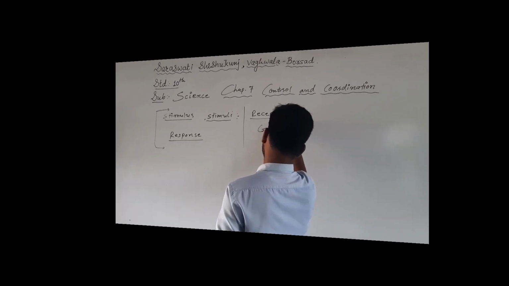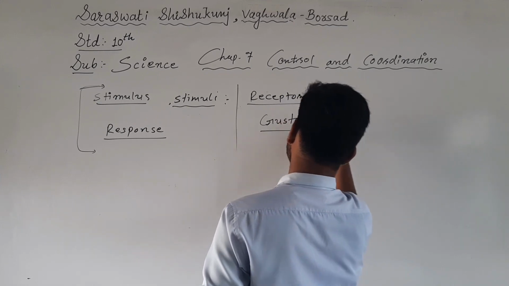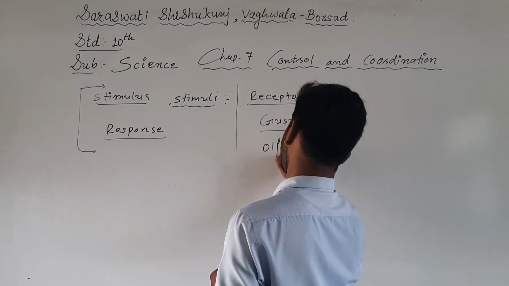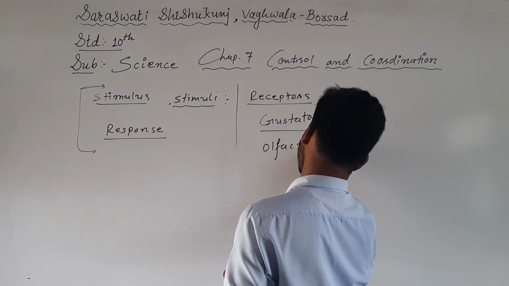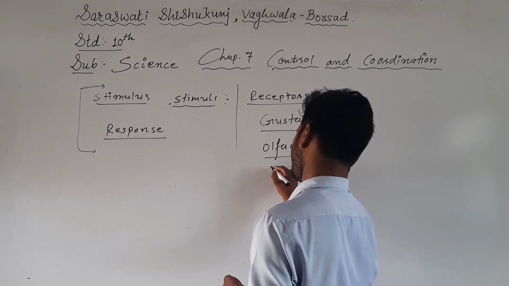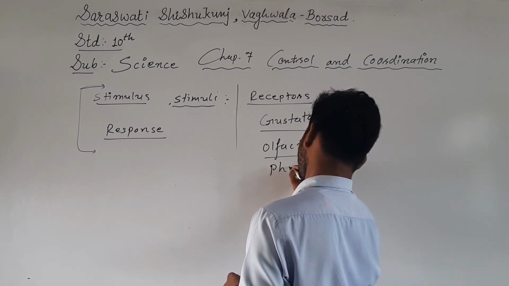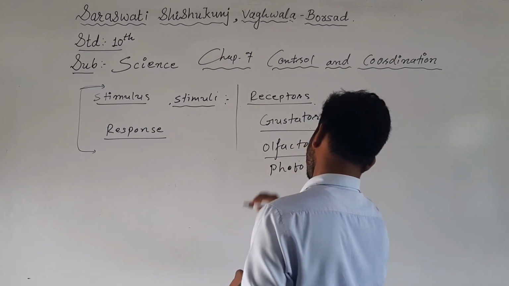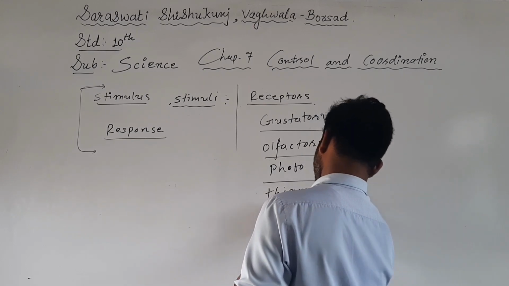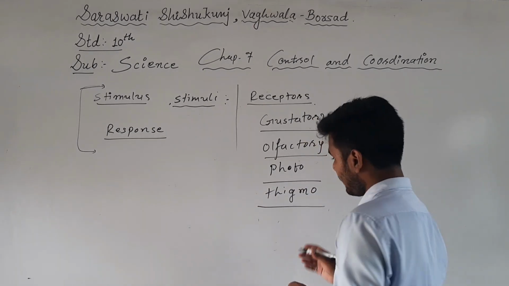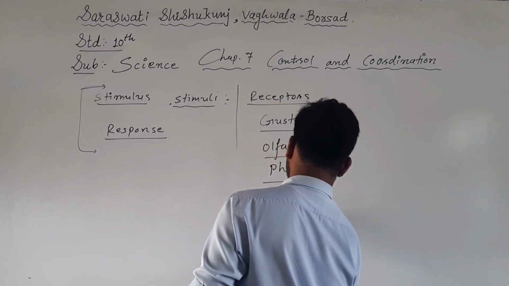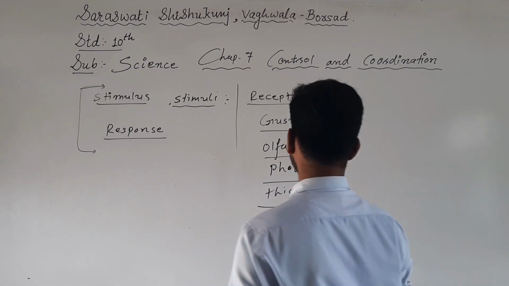So, gustatory receptors. We will also have olfactory receptors. After that we have photoreceptors, then thigmoreceptors, and at last phonoreceptors, or audio receptors.